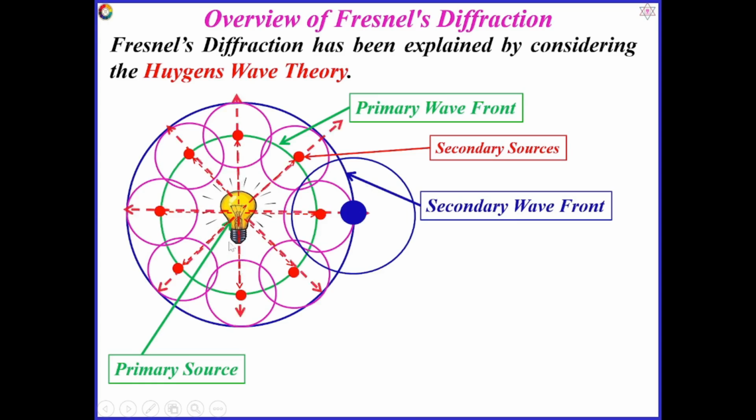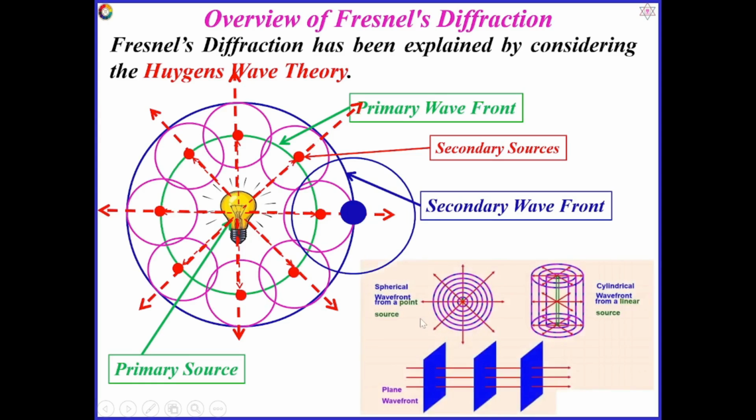In this way the wavefronts will travel along all directions from the primary source. This is your Huygens wave theory. This theory has been considered by Fresnel, and Fresnel gave the diffraction theory by considering this Huygens wave theory.